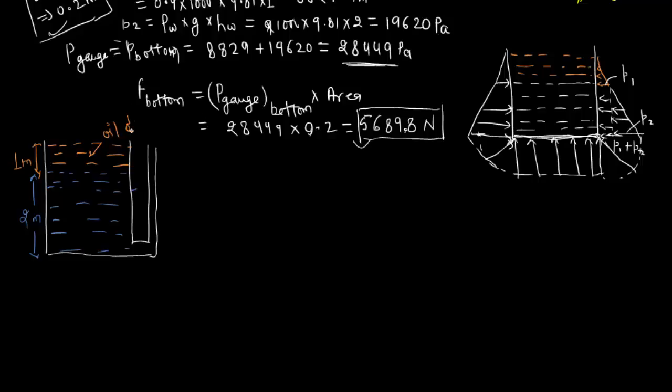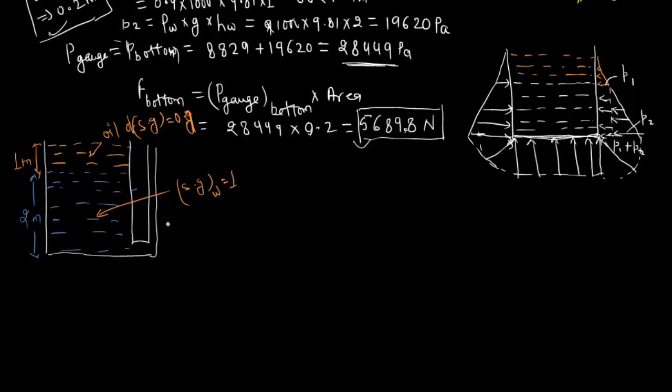and of specific gravity 0.9. Okay, this is actually 0.9, it's not G actually, this is 0.9. Now the specific gravity of water is 1.